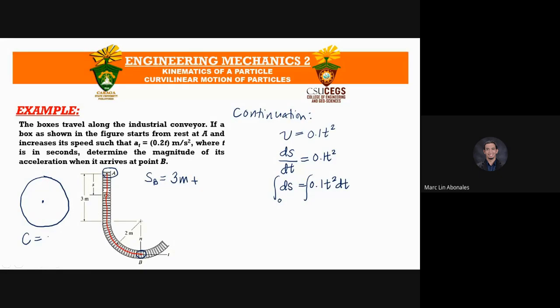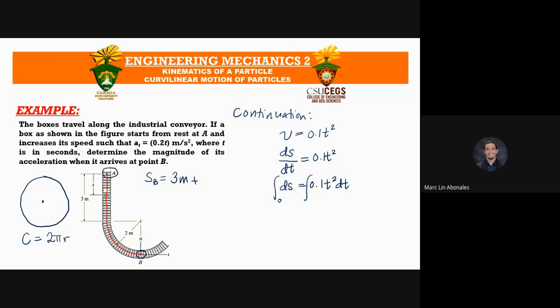What will be the equation for the circumference of our circle? Anyone? The circumference of a circle is two pi r.